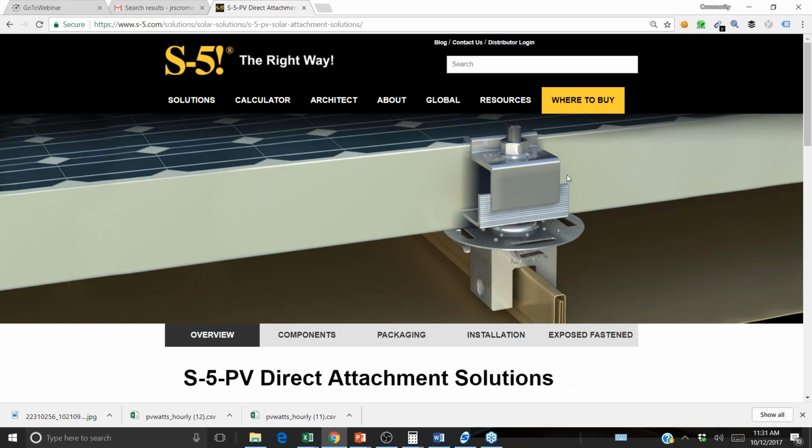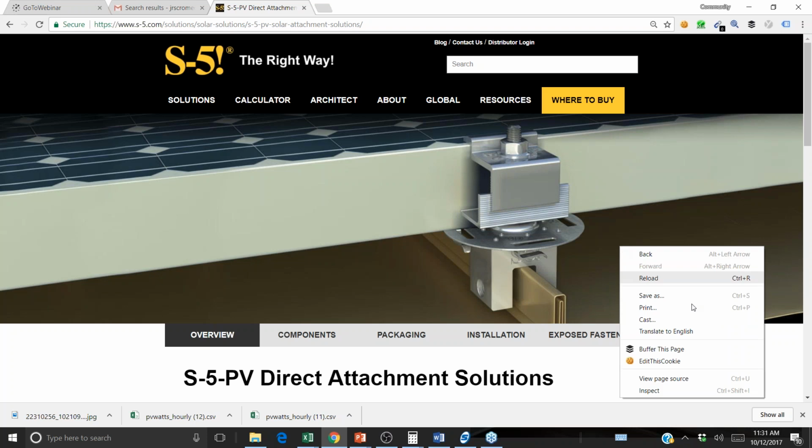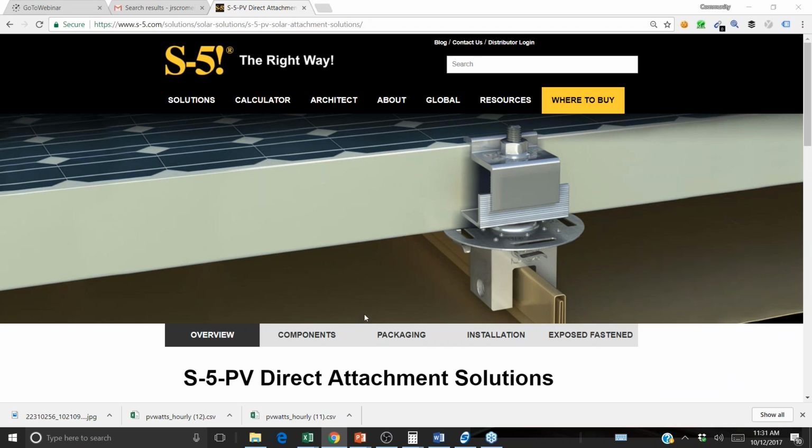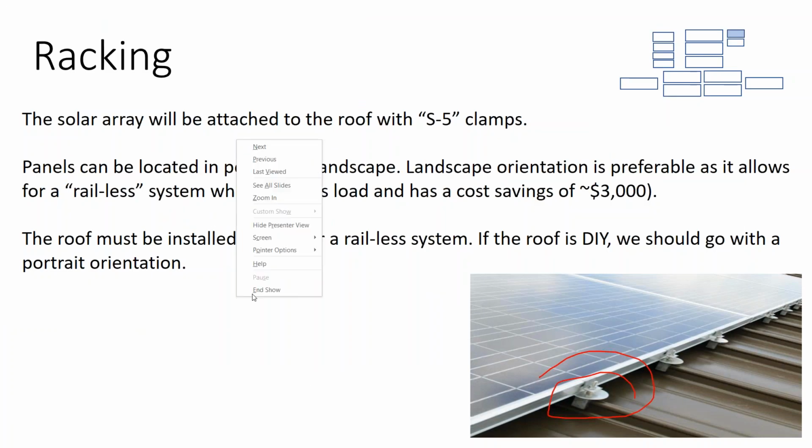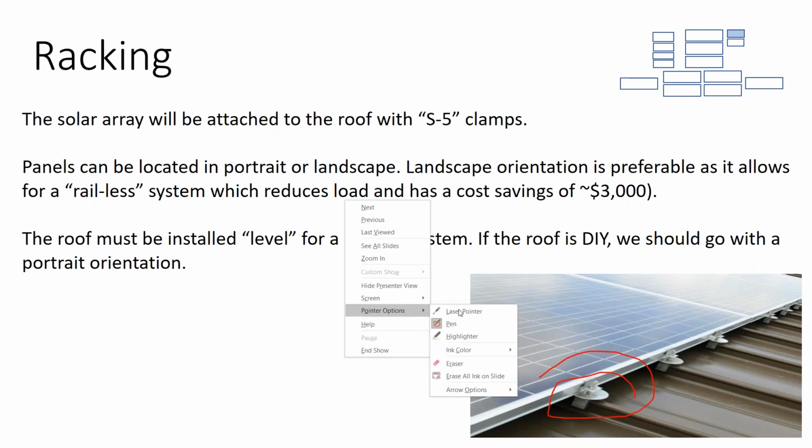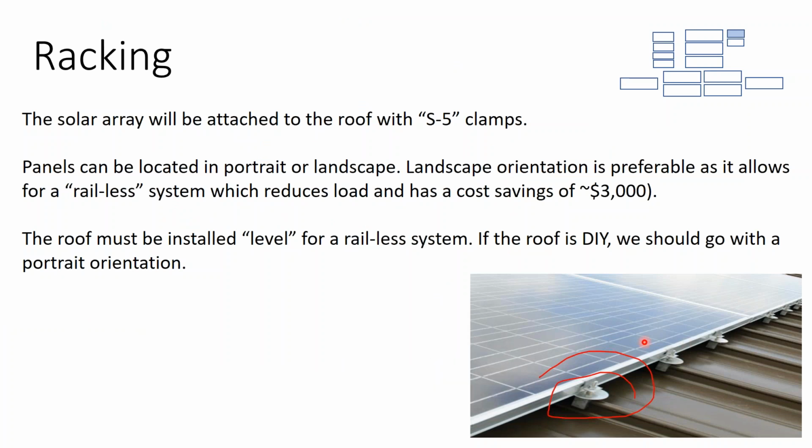Now, something that is unique about this clip is that normally you're going to have solar rail, but here you can see the clips are directly attached to the solar module itself. Normally, you would have a little L-foot attachment, a little bracket that pops up with a slotted hole in it, and then you get rail that runs across the roof and attaches to these slotted holes, and then the modules get clamped down onto the rail.